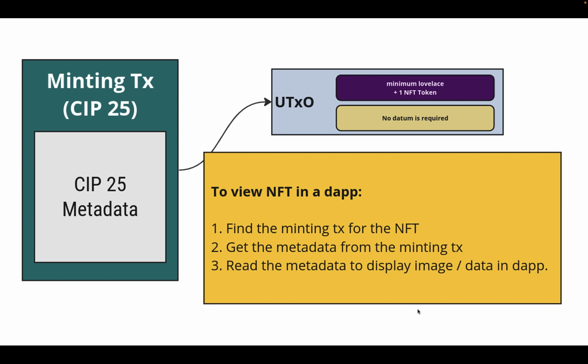To summarize what we looked at earlier, if we're using CIP25, the way a front-end application would be built is you would want to query for the minting transaction for the NFT in question, find the metadata in that minting transaction, in particular with key 721, and then read that metadata to display images or other data in your dApp.